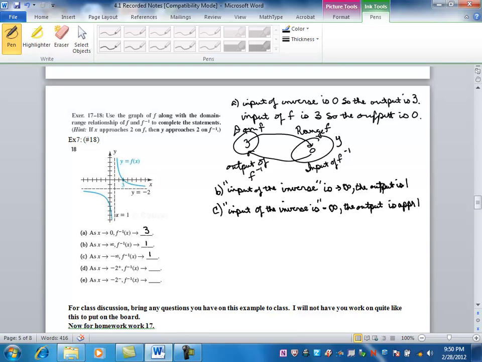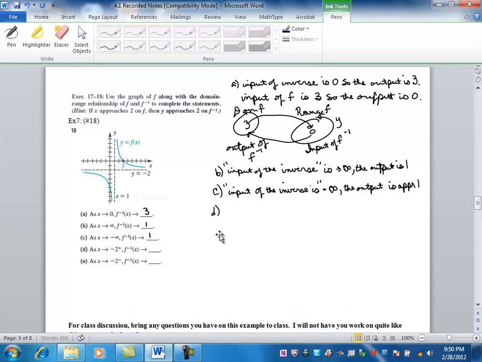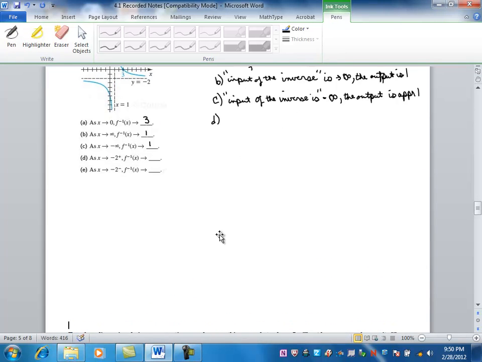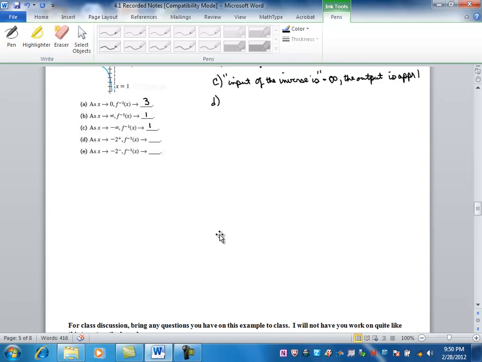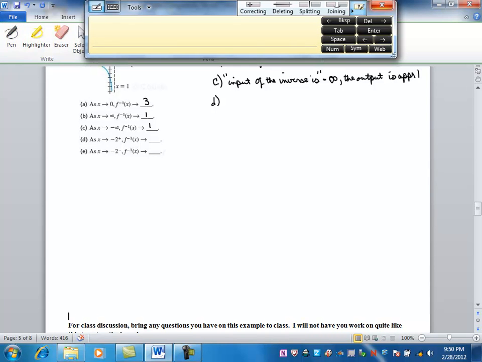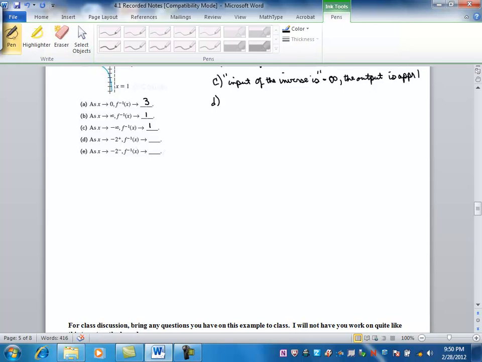Now, here's where it gets a little bit interesting. We had talked earlier this semester about the fact that if we had, let's get a thinking bubble going here, x approaches 2 from the right, this notation means x approaches 2 from the right.